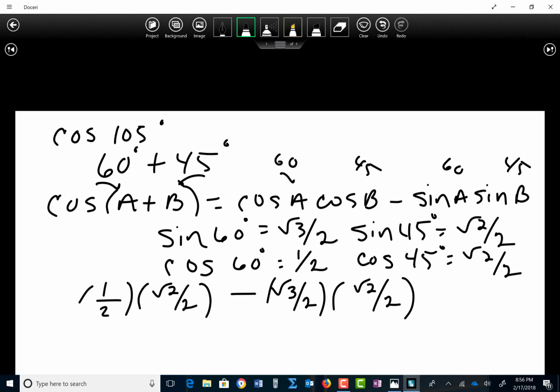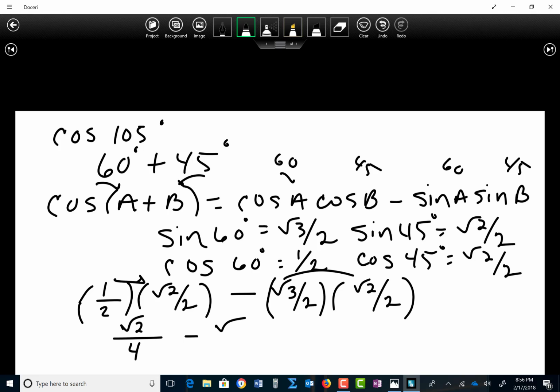And you just need to multiply, and remember that when you multiply, you don't need a common denominator. You multiply straight across, and you cancel if you can, so 1 times the square root of 2 will be square root of 2 over 4 minus square root of 6.